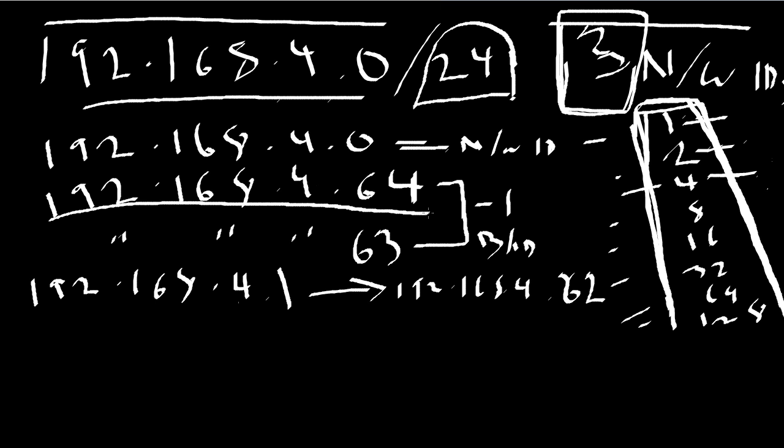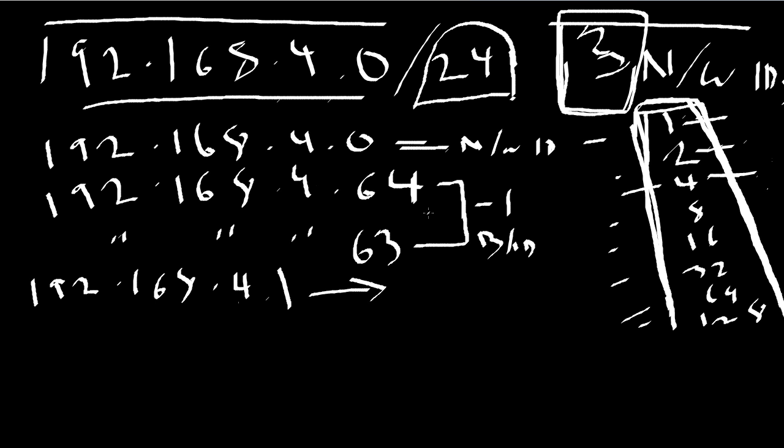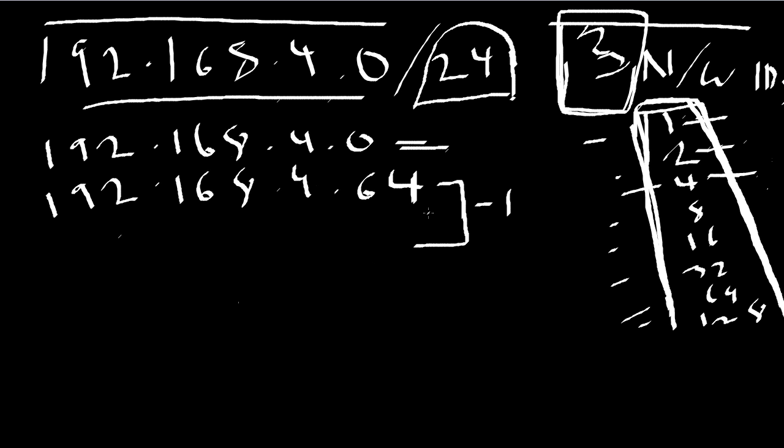But then for those like me who need a little more convincing, let's try to solve one more example. Just one more. So here once again we have a very familiar network, 192.168.4.0.